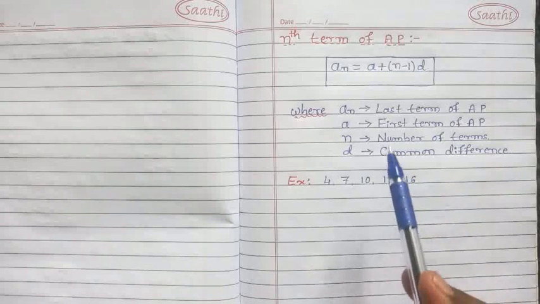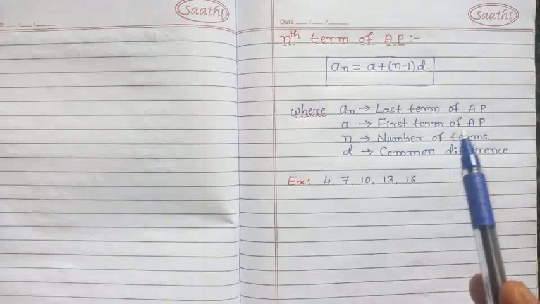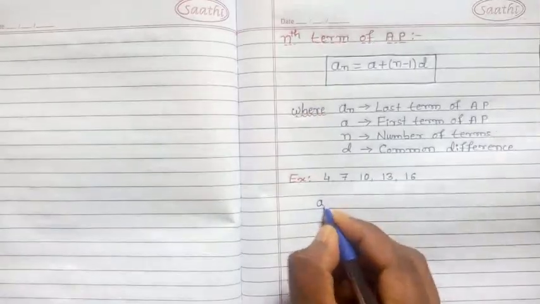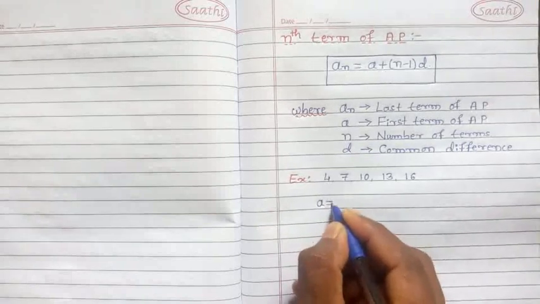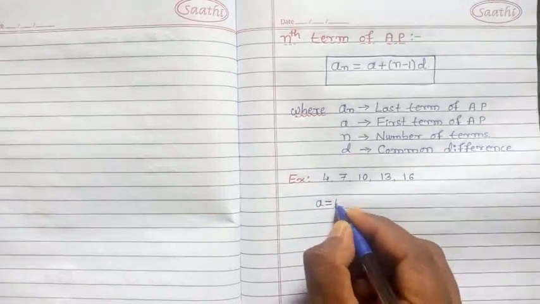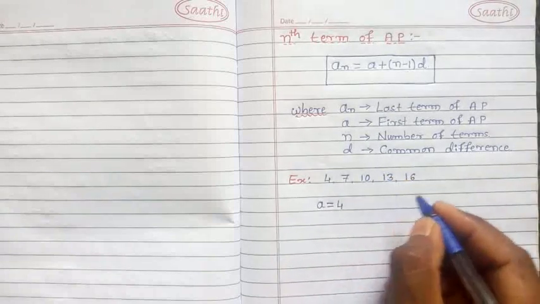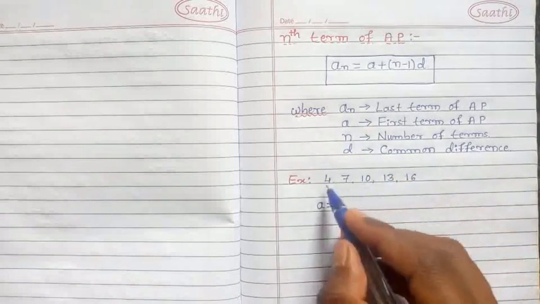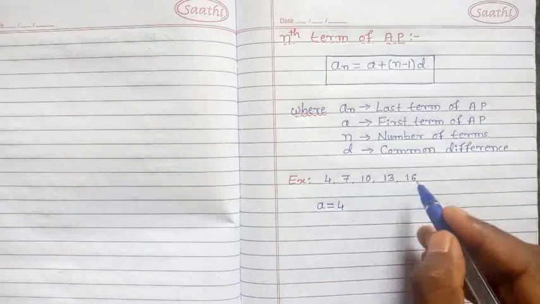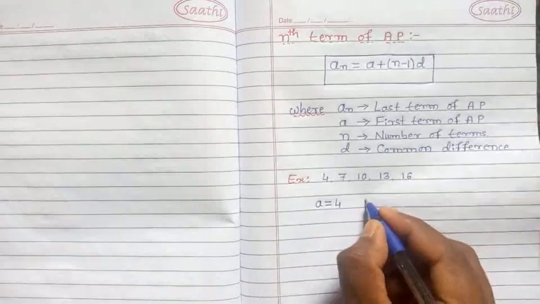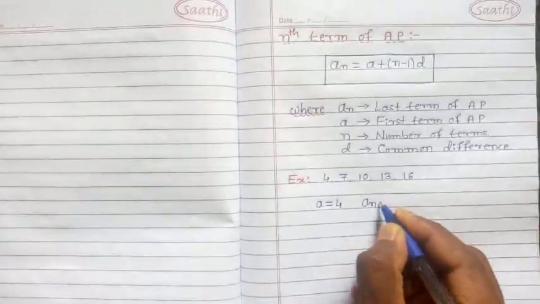According to the nth term of arithmetic progression, the value of a is the first term, that is 4. Then an is the last term. In this arithmetic progression, 16 is the last term, therefore an is 16.